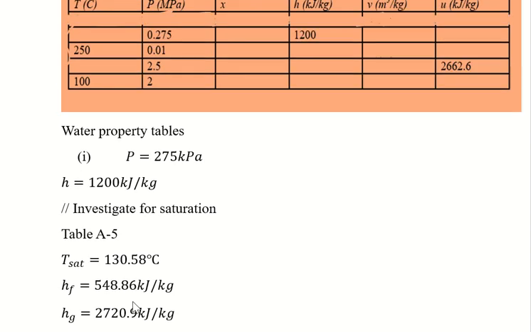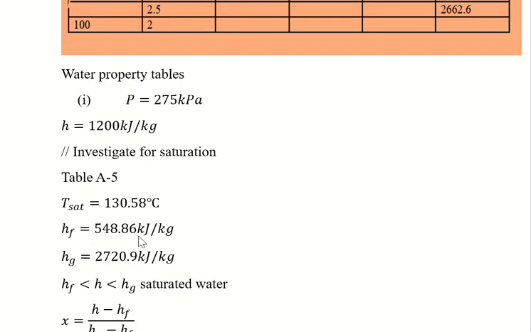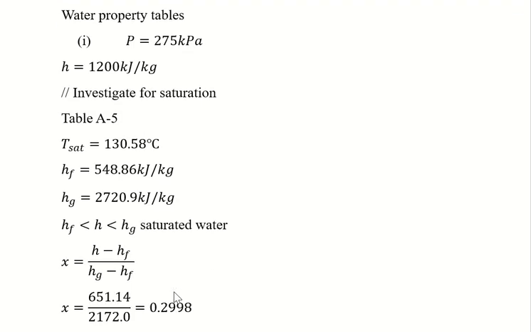So remember, we have to find the quality and the specific volume and the temperature. Right away, from the information we have here, we could find the quality and temperature. We already have the temperature. Why? Because for saturated water, the pressure from the pressure table corresponds to the temperature.